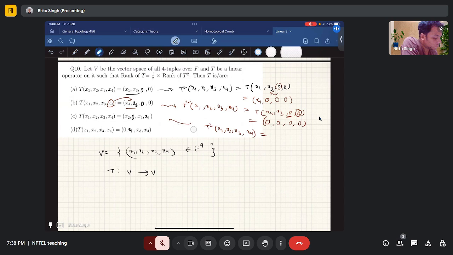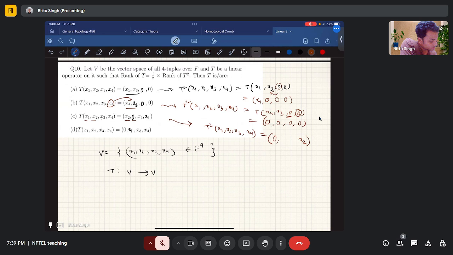Similarly, here we can see T square of (x1, x2, x3, x4), what will we get? So T is putting x1 in the last place. So here the first entry is x2, so it will put x2 here. T puts x2 in the first place. X2 is 0 here, so again if we apply T, 0 will be in the first place.